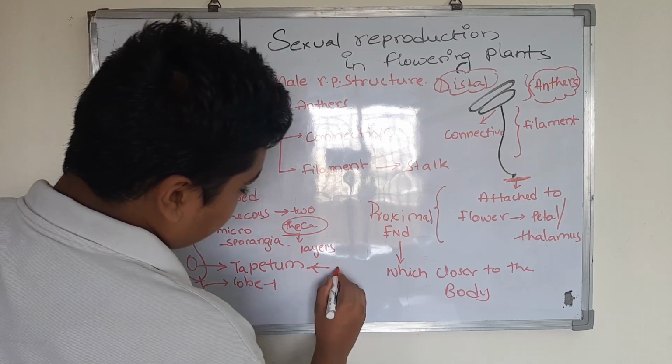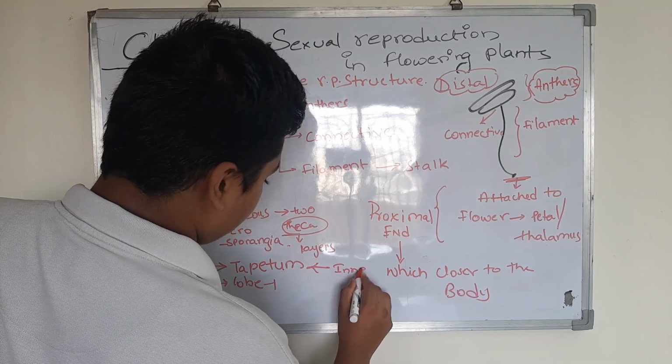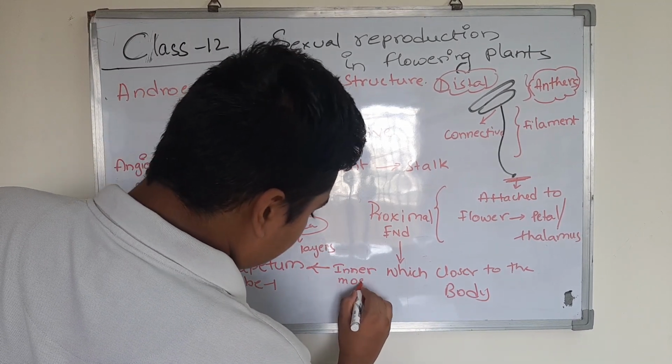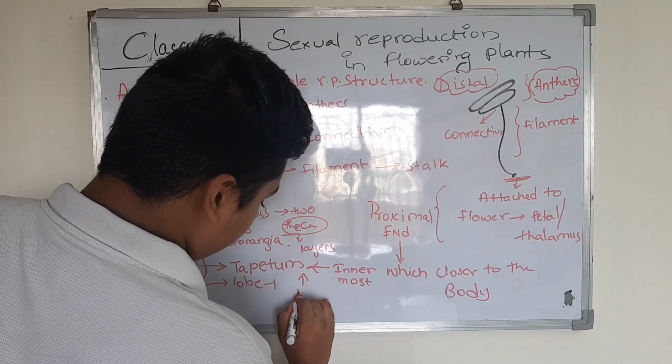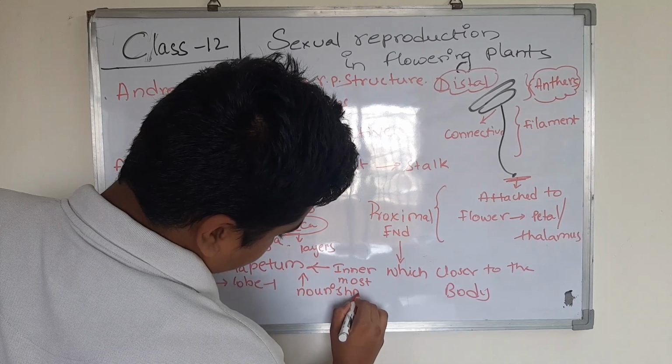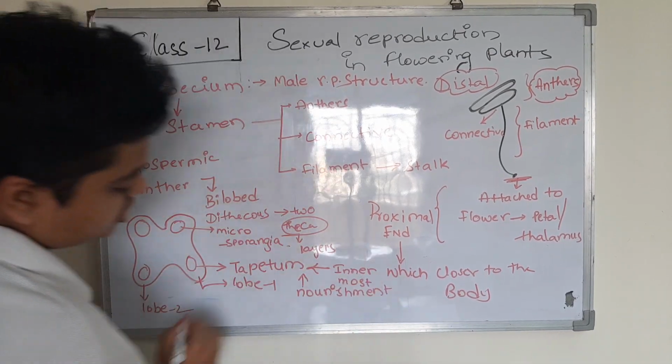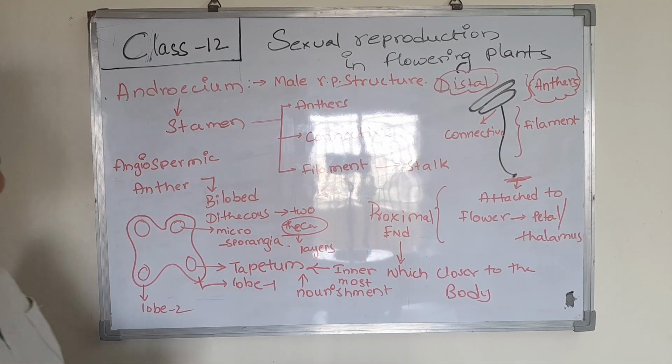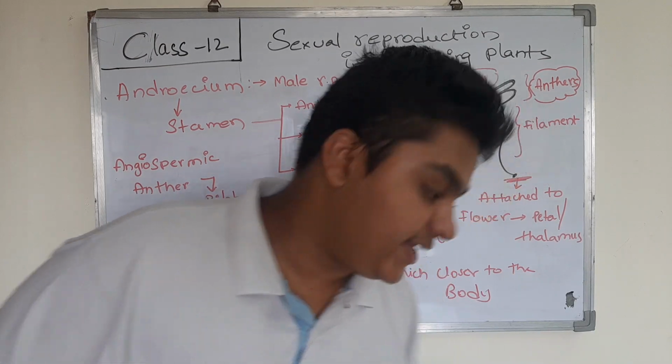That is the innermost layer. It helps in nourishment. It does not help in protection. It does not help in dehiscence.